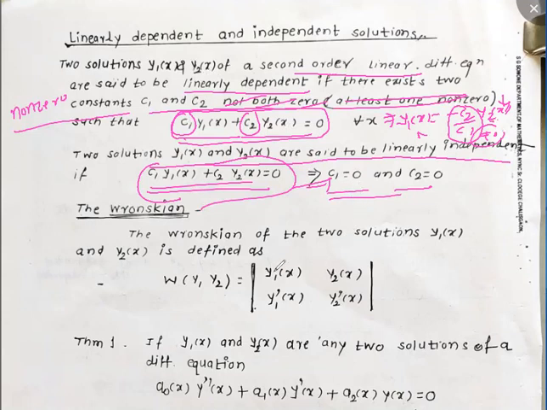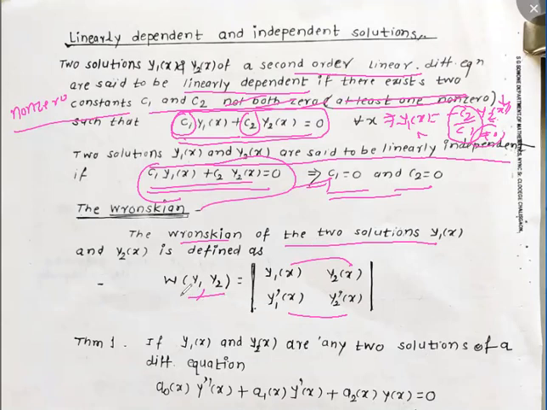Then we define the Wronskian of the two solutions. The symbol we will use is W(y1, y2). First row y1, y2, second row their derivatives y1 dash, y2 dash. This determinant is called the Wronskian of the two functions.